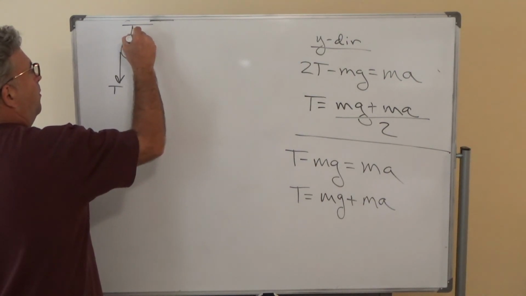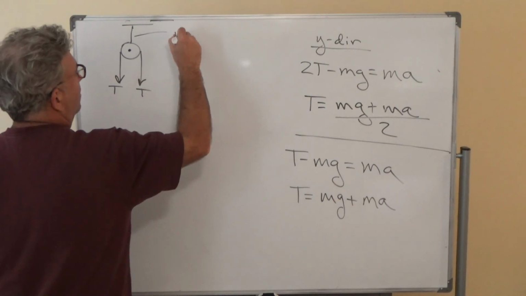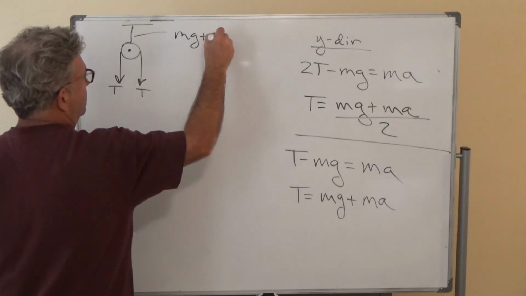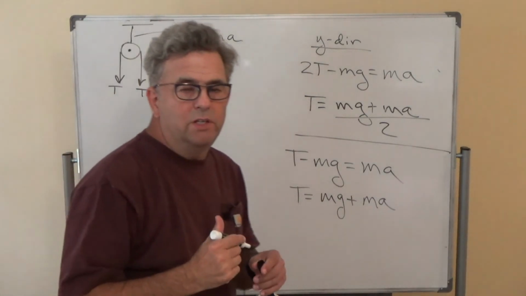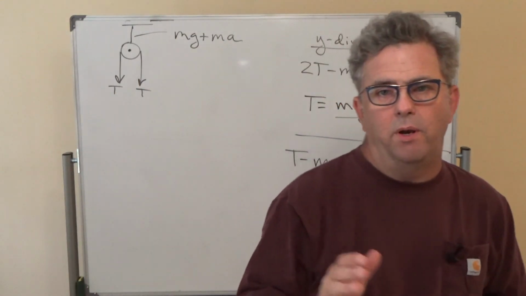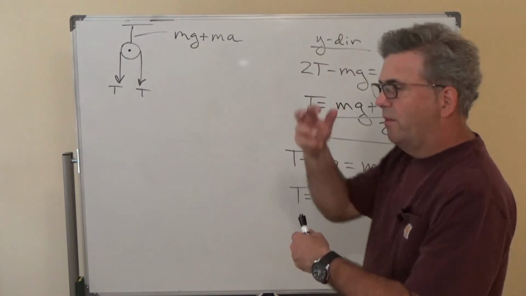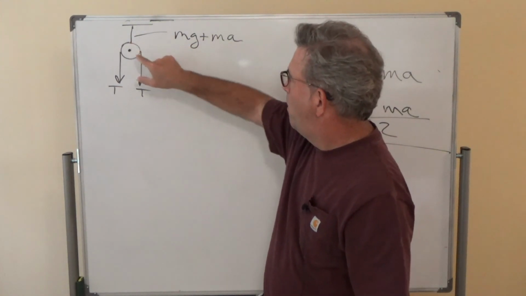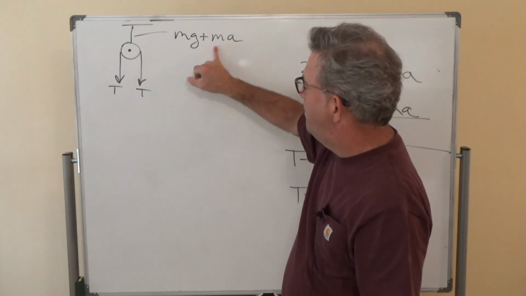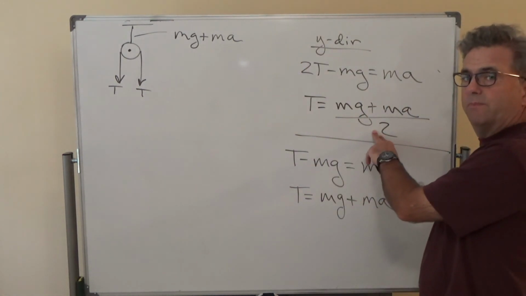So this support here will have to hold mg plus ma, right? I'm going through this fairly quickly, but I just want to make a point about this. In this first case where the person's pulling themselves up, the support is mg plus ma because it's 2 times this tension.